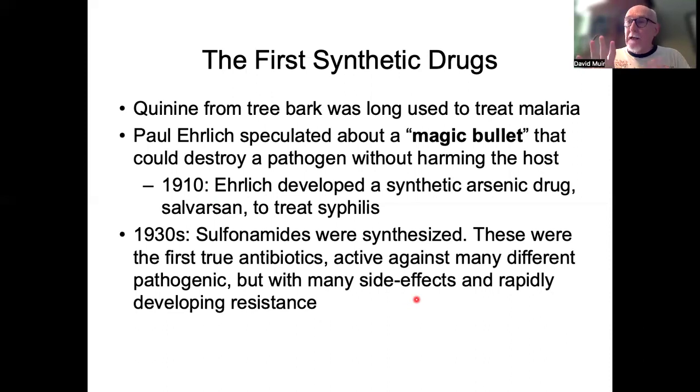There was a spectacular period when a whole range of diseases in the 1930s were being effectively treated by sulfonamides. For instance, tuberculosis. It was the first time that tuberculosis could be treated with a chemical agent. They had very great success, but very soon resistant bacteria developed, on which the sulfonamides had no effect whatsoever.